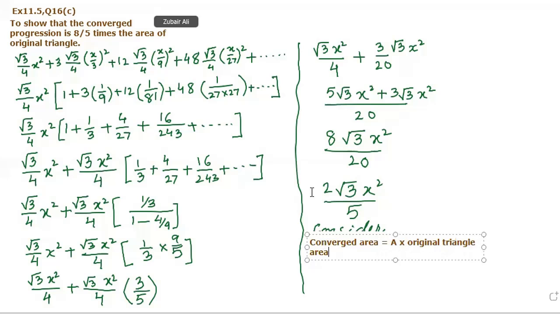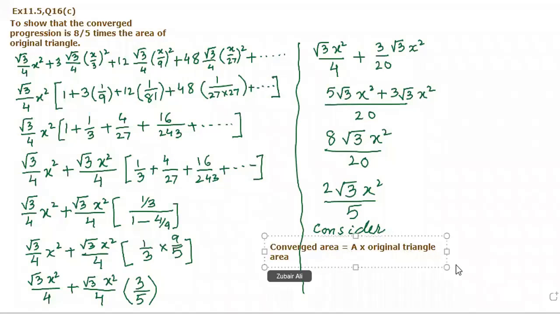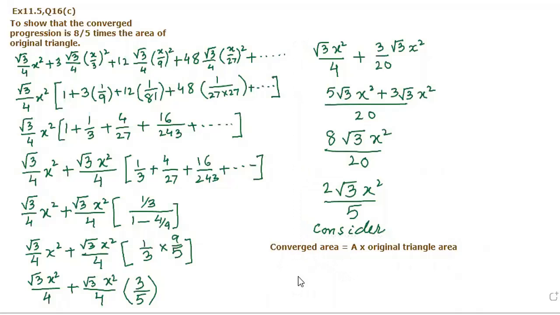So if we show this here, and remove this separator from here, the converged area 2 root 3 upon 5 x square is equal to A multiplied by the area of original triangle.